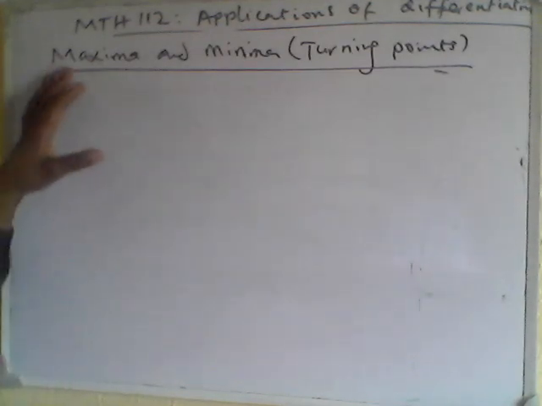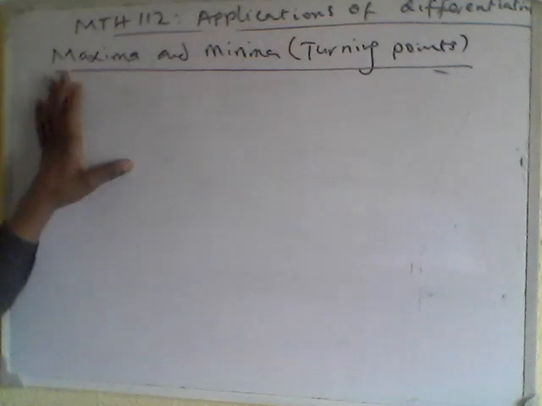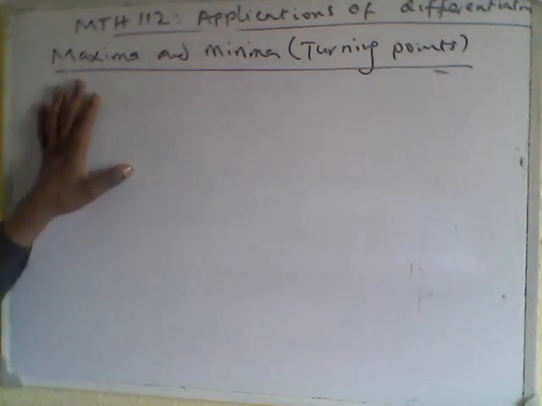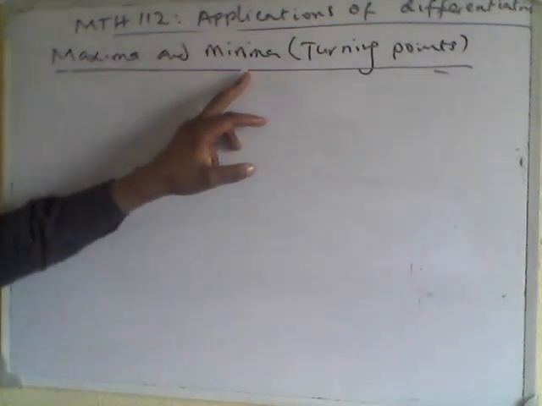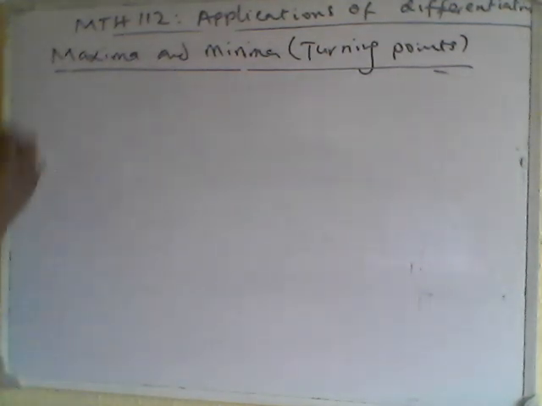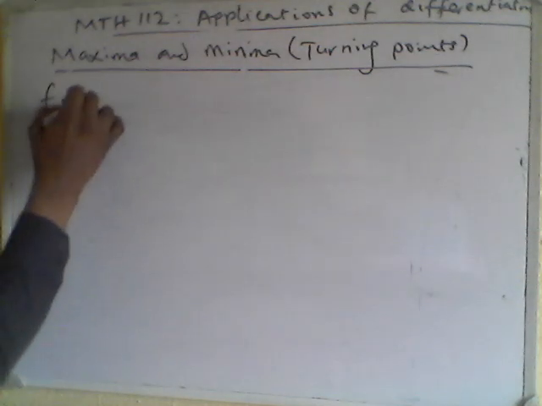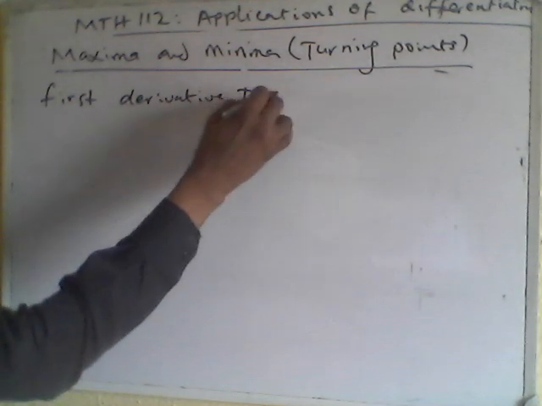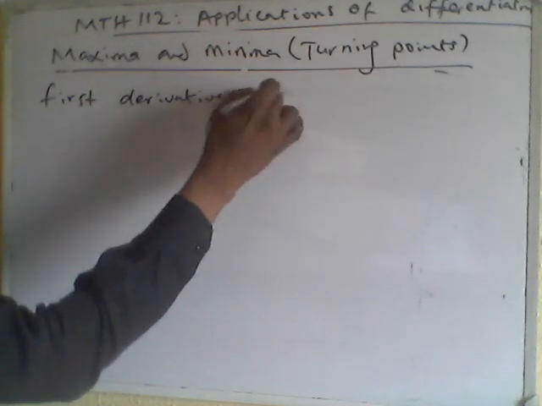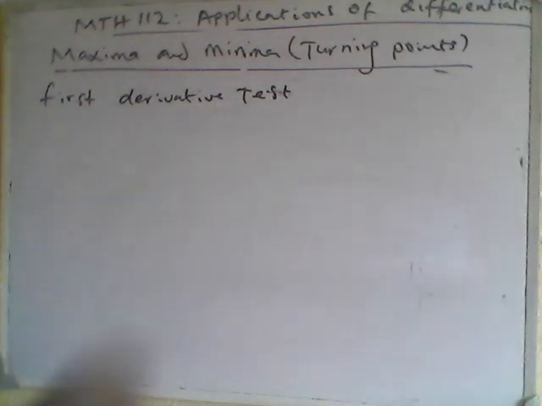Once you find stationary points, you can classify them using the first and second order derivative tests. That is where maxima and minima points will occur. So what's the first derivative test? This test is to just find the first derivative and look for where there is a change from positive to negative.